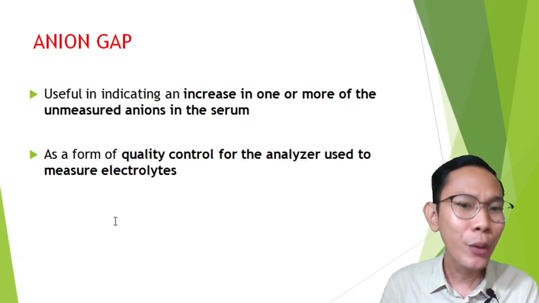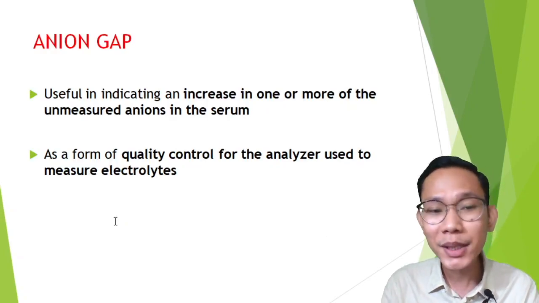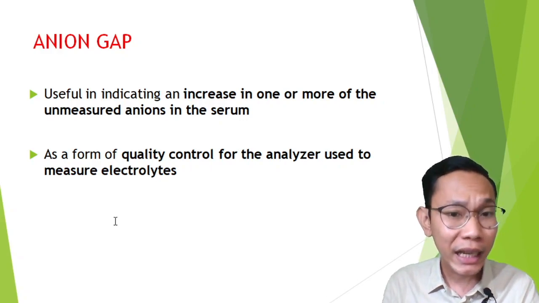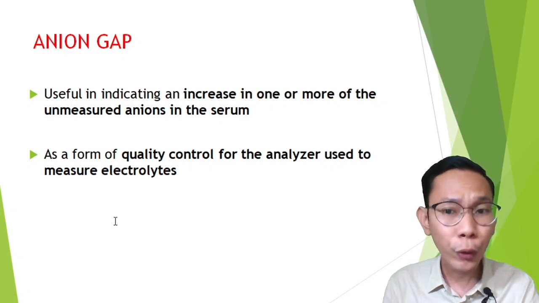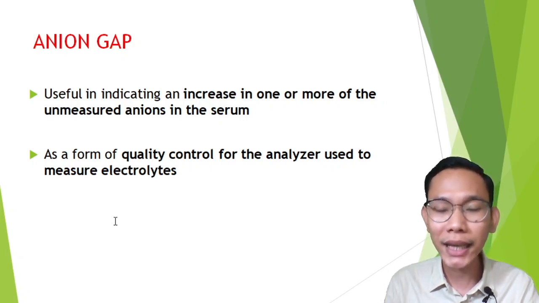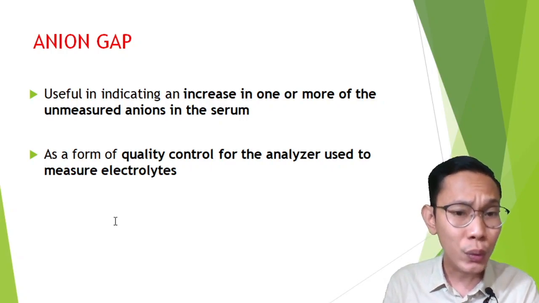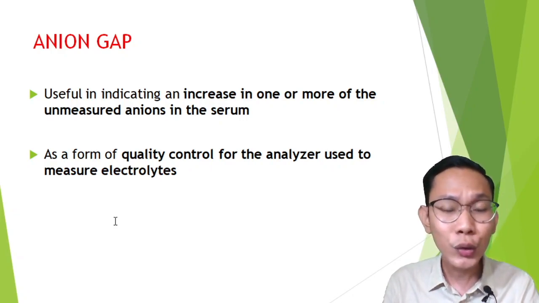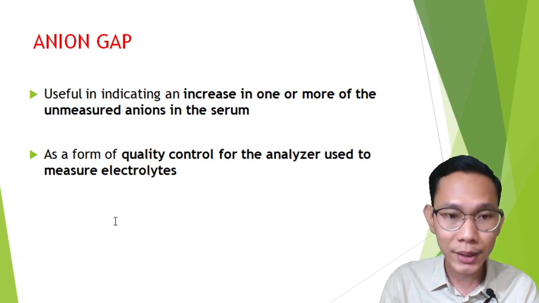Or anion gap. So, Doc, ano po ba yung anion gap? So yung anion gap is a very useful tool, useful in indicating an increase in one or more of your unmeasured anions in the serum. It's also essential for quality control of the analyzer used to measure your electrolytes.